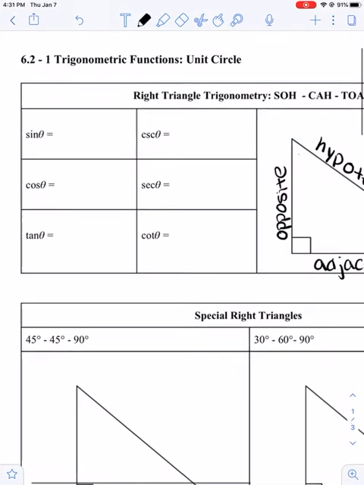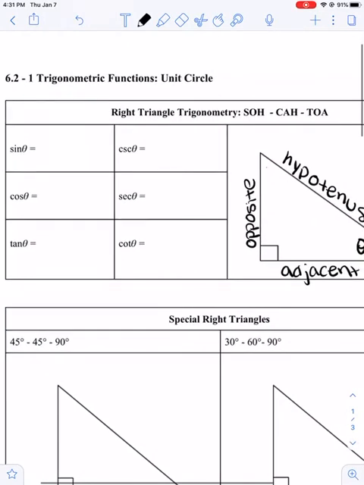So let's go back and look at what sine is. If we remember SOHCAHTOA, sine is this right here. So SOHCAHTOA: this is sine, this is opposite, and this is the hypotenuse. And it's always the first one over the second one.